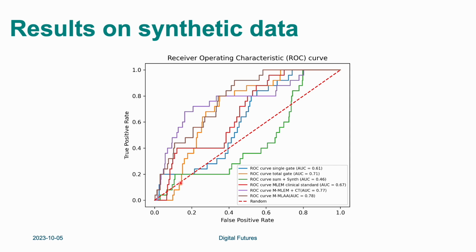An area under the curve of 1 means that the reconstruction allows you to see everything with no false negatives nor false positives, while an area under the curve of 0.5 means that you're just as good as random guessing. And here you see that the area under the curve for the two proposed methods is 0.78 and 0.77, while the clinical standard gets an area under the curve of 0.67.